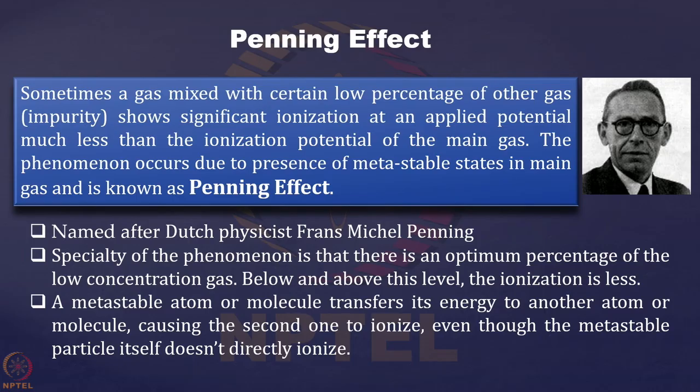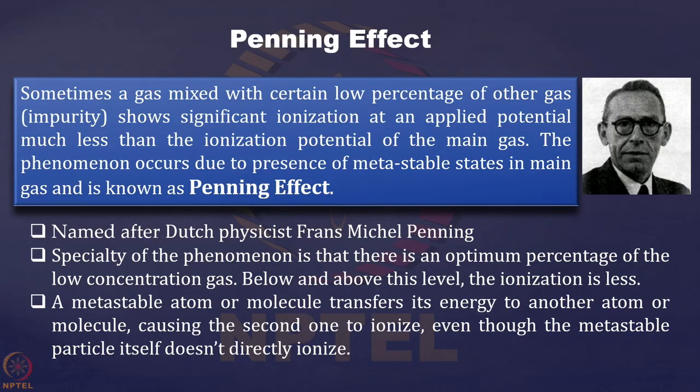The phenomenon was first explained by Penning, and the effect is known as the Penning effect. He was a Dutch physicist who worked during the Second World War, and like many inventions, this is one of them. The specialty is that there is an optimum percentage of the low concentration gas or impurity.